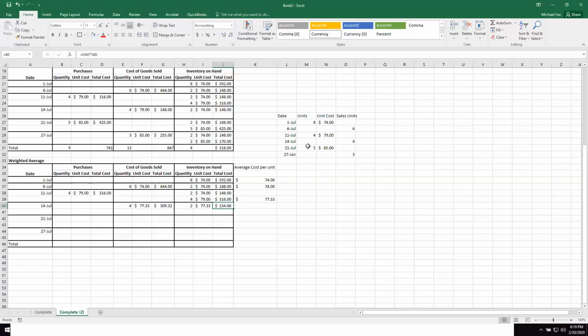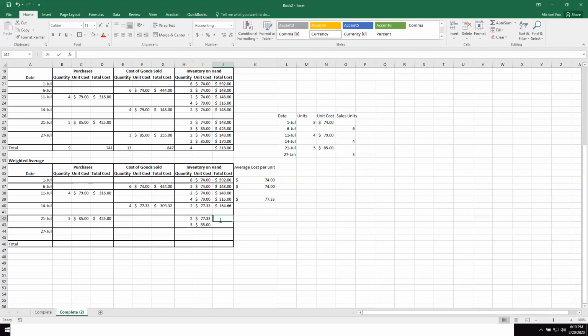Then on the 21st of July, we purchased 5 more units at $85 a piece. And so now sitting in inventory, we have 2 units with an average cost of $77.33, and then 5 units with a cost of $85.